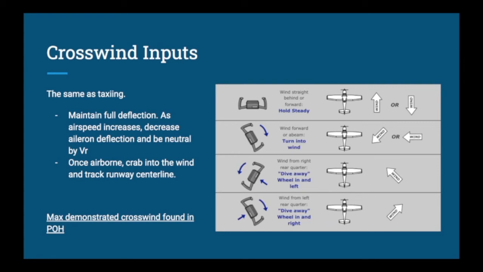And if we have a quartering tailwind, so if it's from our back right, we're going to dive away, so our control yoke goes in and we turn it to the left. And if we have a quartering left tailwind, we'll go forward and right. This would be during the roll as we're accelerating to VR or as we're taxiing.